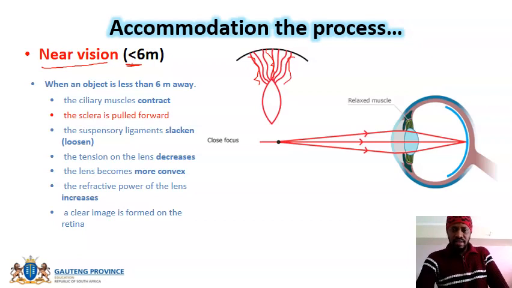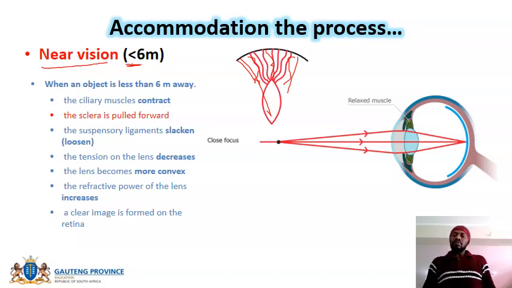In this case here, how do we get slack suspensory ligaments? It's most confusing when we think of far object, when the suspensory ligaments will have to be taut, tense. What must the ciliary muscles do, for example, to make the suspensory ligaments tense?